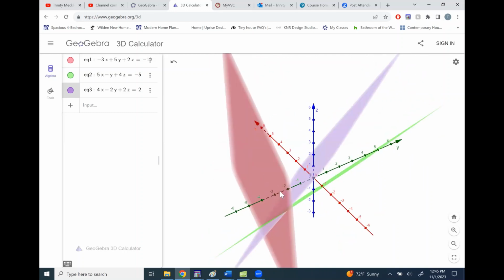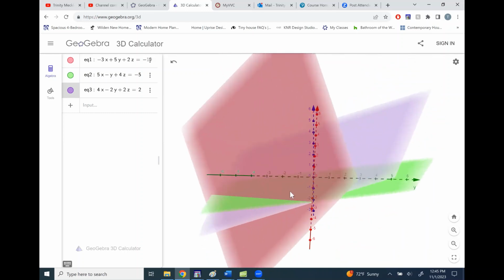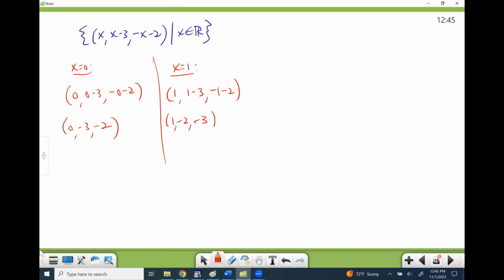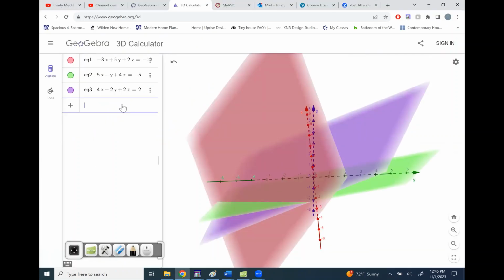Look at that. Okay, so when I type in the points that we just got, which, gosh, I don't remember what we got, so let me go look back, okay? We got 0, -3, -2. There you go. It showed up right on the intersection.